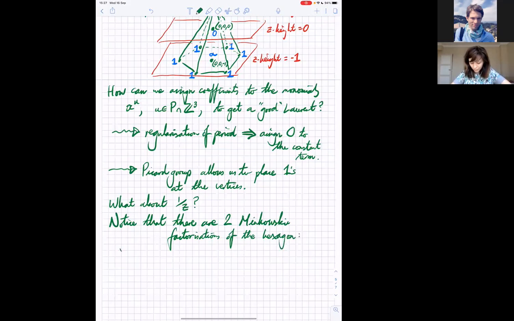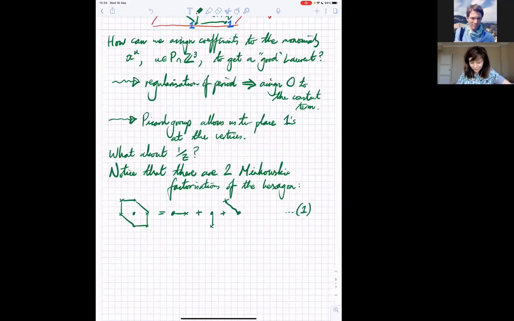Let me draw them out for you. With respect to some choice of basis, here's my hexagon. The first thing I can do is Minkowski decompose it into the sum of 3 line segments, which I think look like that. So that's possibility 1. And the second possibility is to Minkowski decompose it into the sum of 2 triangles.